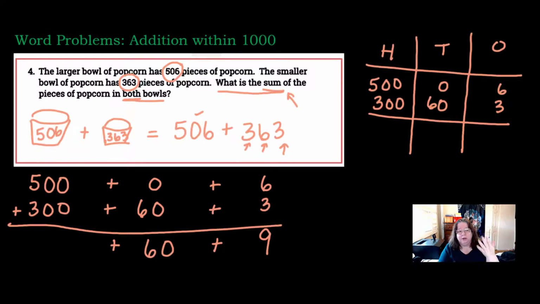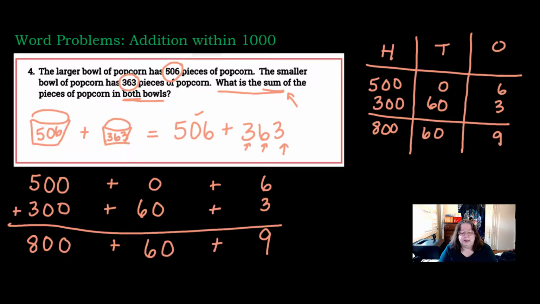Well, I can see that's 800. I can also add it this way. 0 plus 0 is 0, 0 10s, 0 10s, 0 10s, 500s, 300s, 800s. Either way, it's fine. And you can see I have the very same thing up here.